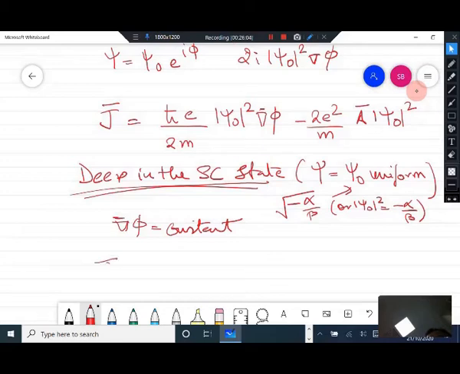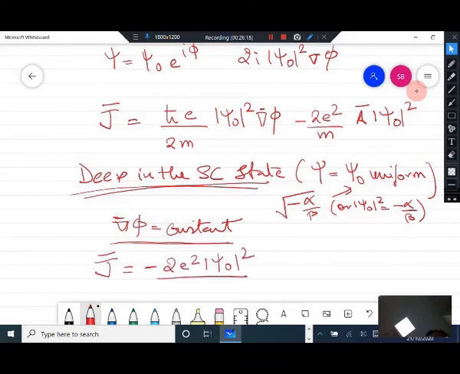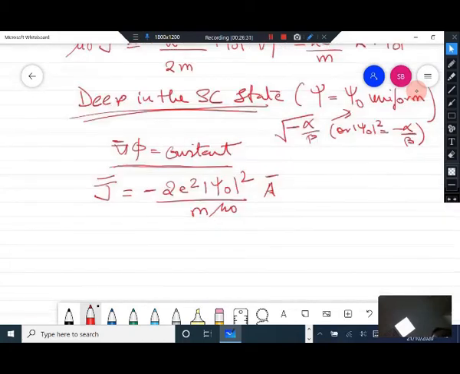and then J is nothing else but, if you don't consider any spatial dependence of the phase, 2e square mod of psi naught square by m. Of course there is a mu naught out here, you can put that mu naught here. Okay, and this is into the potential A. Okay, and what is alpha? Mod of psi naught square is equal to mod alpha by beta, where alpha is equal to minus mod of alpha.